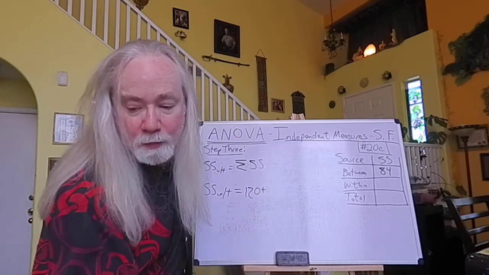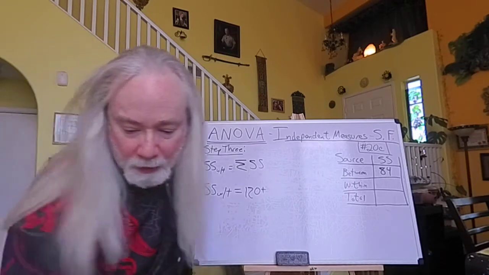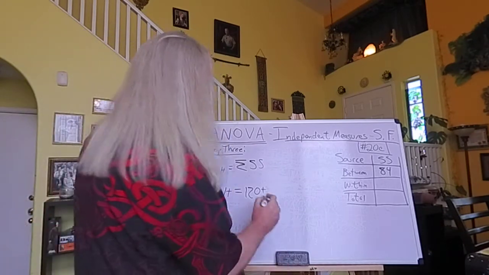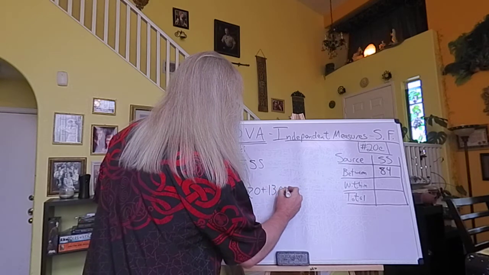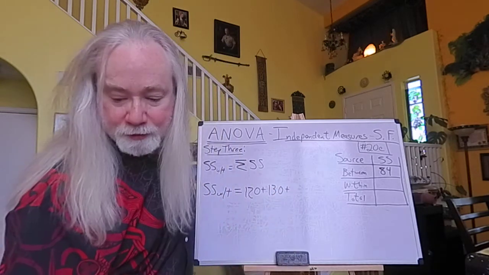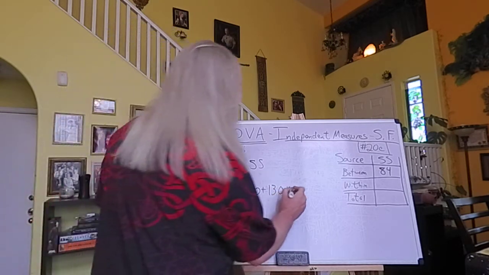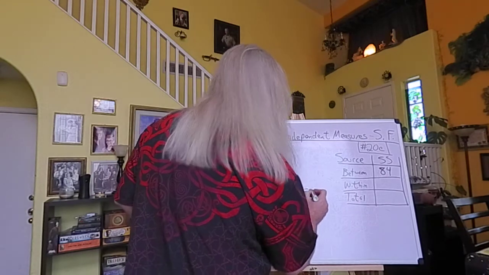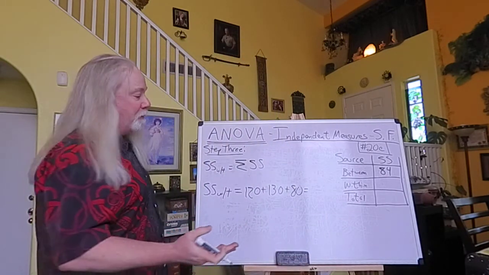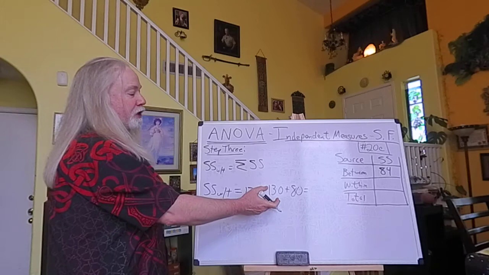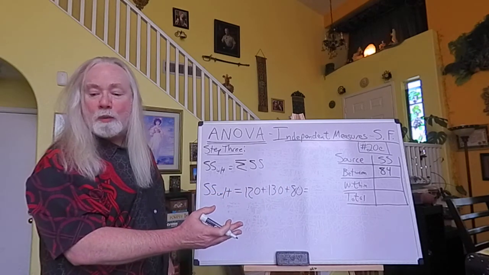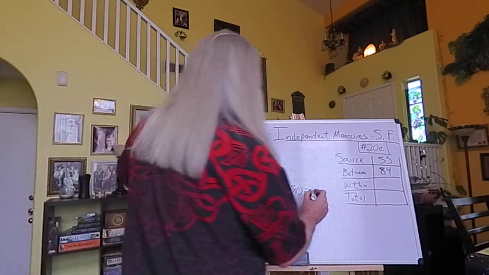For the second group, sums of squares was 130. And for the last group, sums of squares was 80. So literally all we've got to do is add 3 numbers together here. 120 plus 130 plus 80. And what we get is a total of 330.